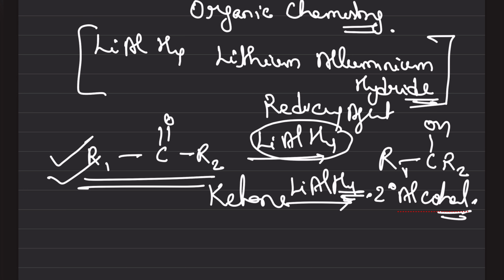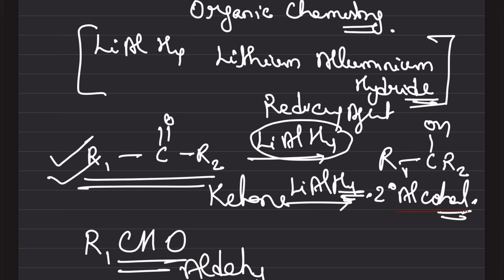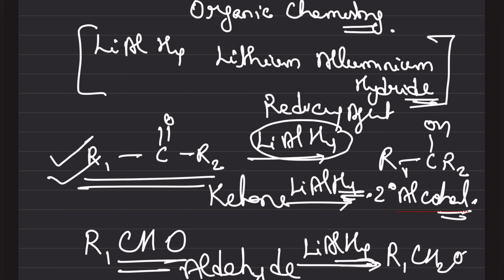If in place of this ketone an aldehyde is there, R1CHO, and we are reducing with the help of LiAlH4, a 1-degree alcohol will be formed, R1CH2OH.